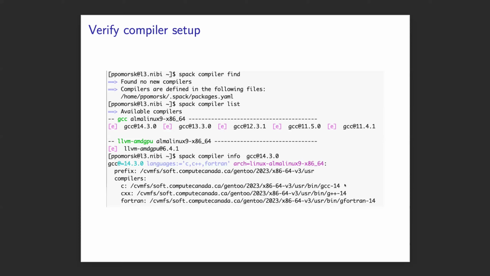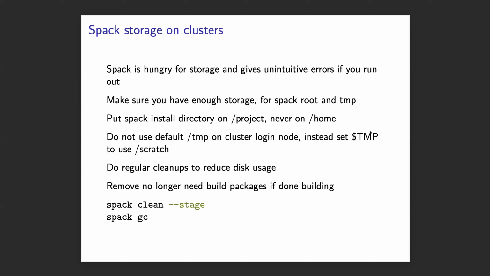And you can also add a module load command as well. You can edit this file to add a module load command for a particular package. Spack is not smart enough by itself to find out that there are modules on the system. It just looks for executables. So you might want to give it a hint that there's a module.